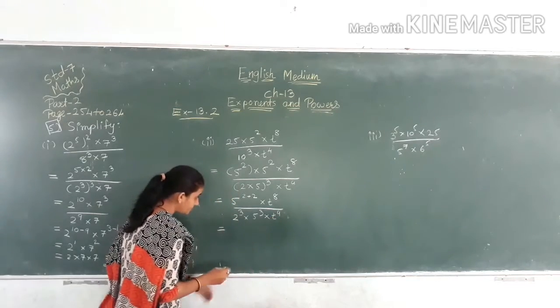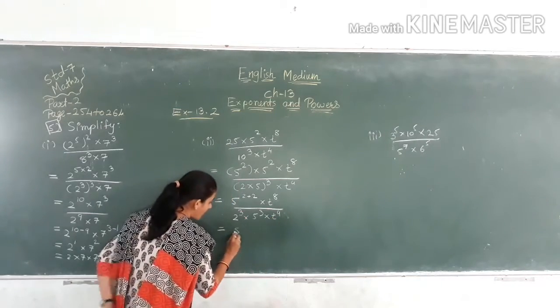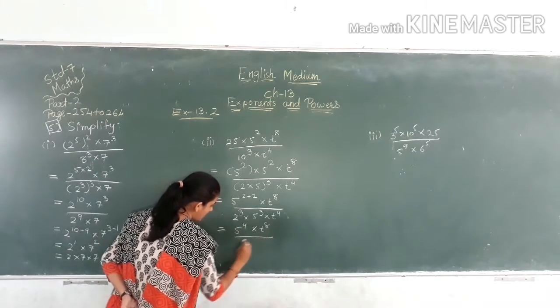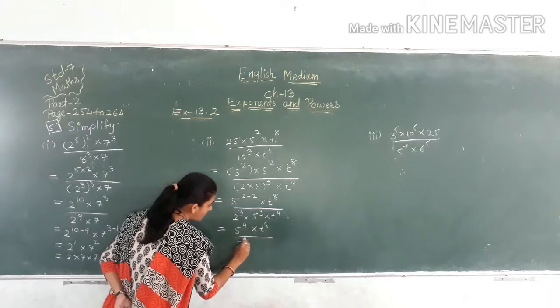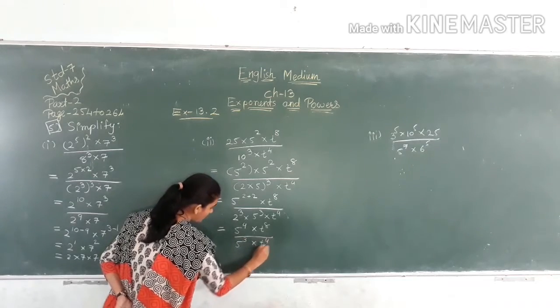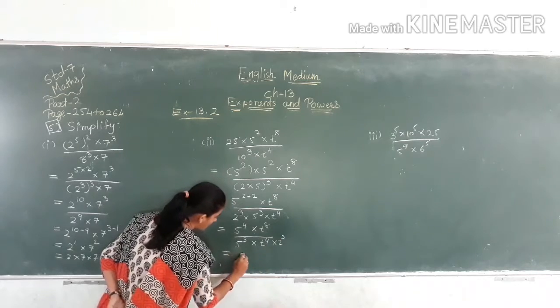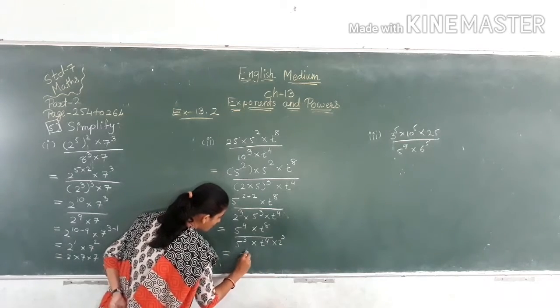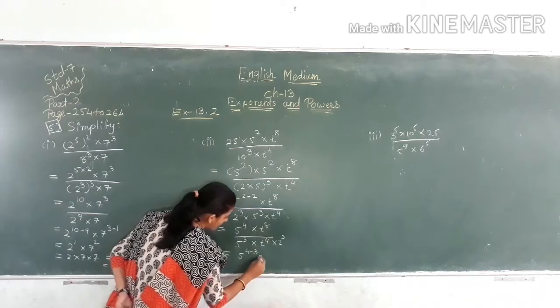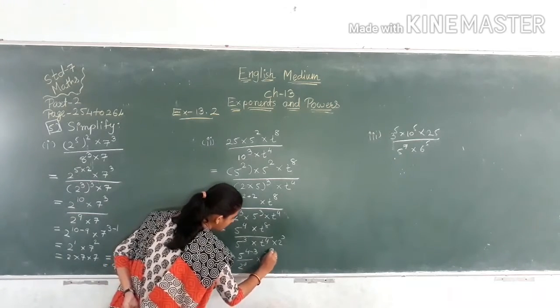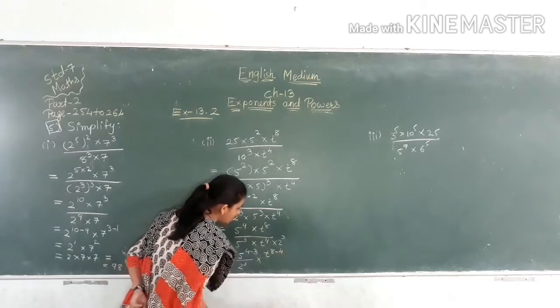So here we get the answer: 5 raised to 4 multiplied by t raised to 8, out of 5 cubed multiplied by t raised to 4 and 2 raised to 3. Now here, 5 raised to 4 minus 3, out of 2 cubed, multiplied by t raised to 8 minus 4.